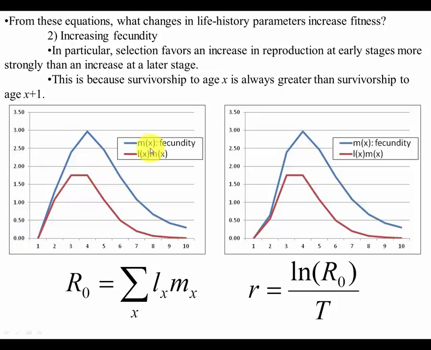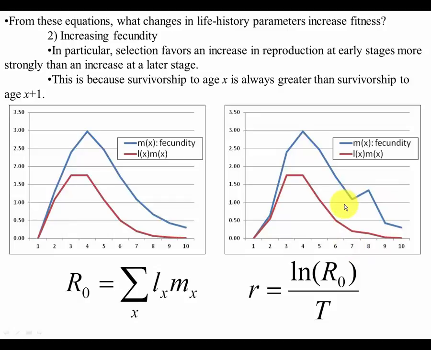Now let's suppose that there's a different allele in the population that causes a really big increase in fecundity much later in the lifespan. Let's see what effect that has on the red curve. There's this big spike up here, and the red curve almost changes not at all. There's only a very, very small effect relative to the effect that you see if you change fecundity early on in life. Again, that's because very few individuals survive to experience the beneficial effects of this allele.